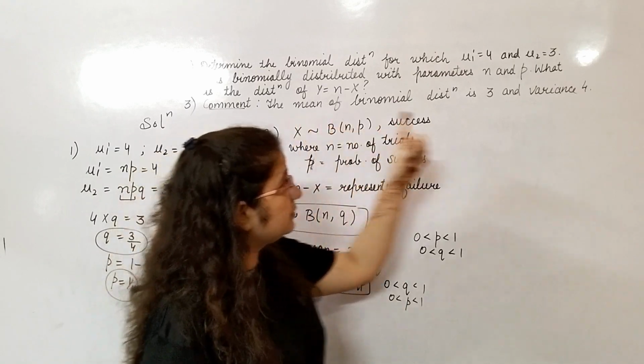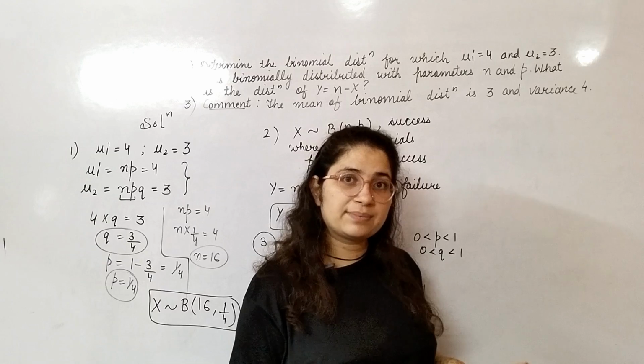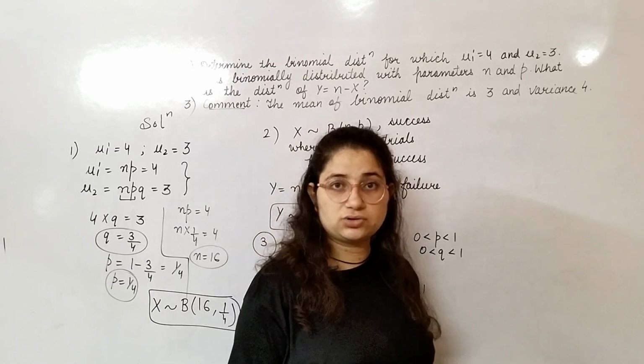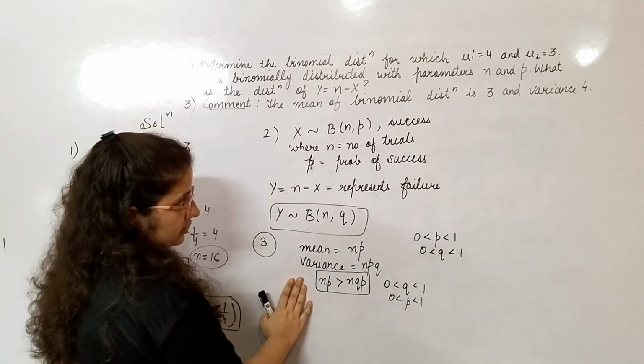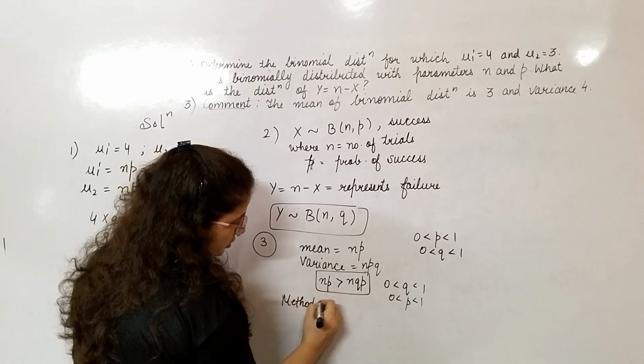So here they have given mean 3 and variance 4. Is it possible that your mean is 3 and variance is 4? No, that is not possible. And this is the way by the definition. Another way to do it is method 2.